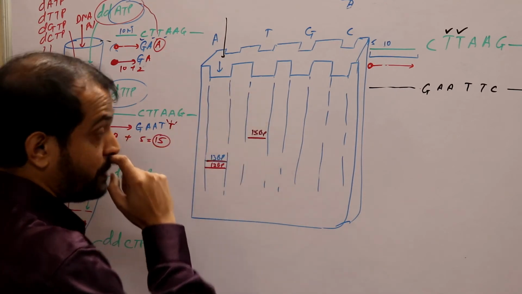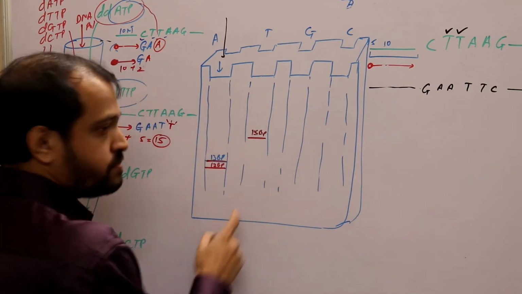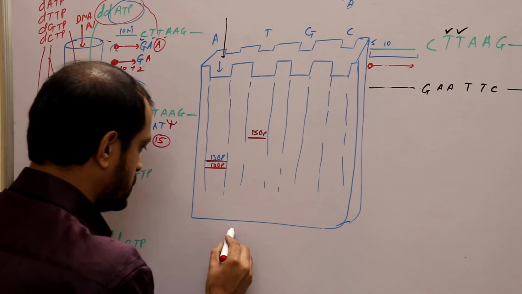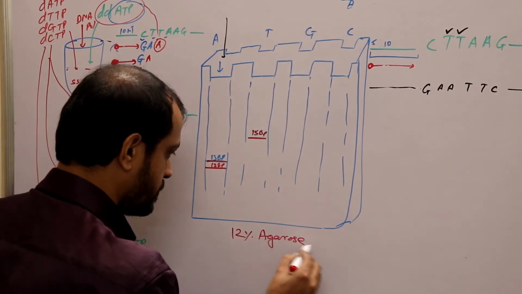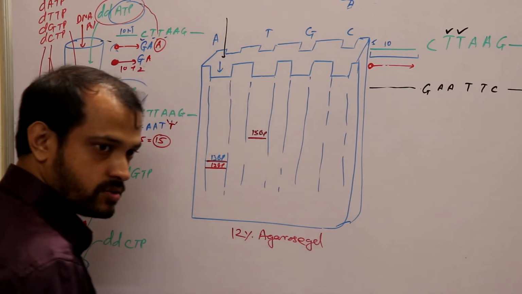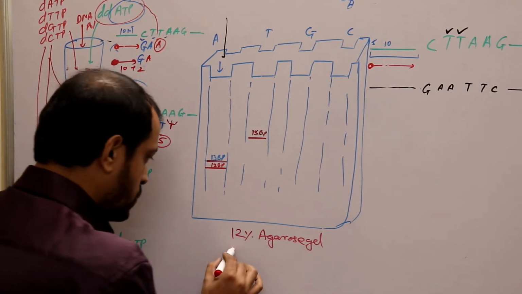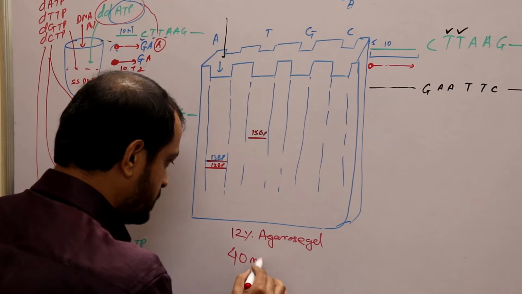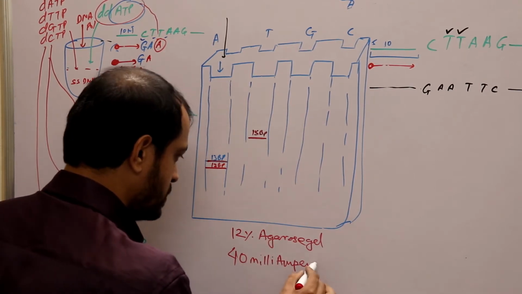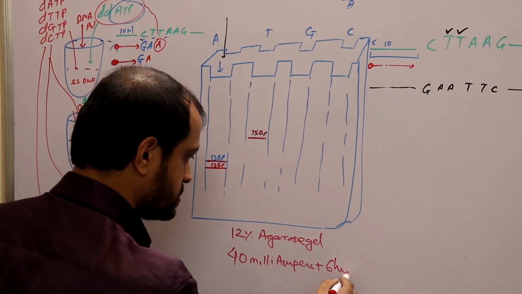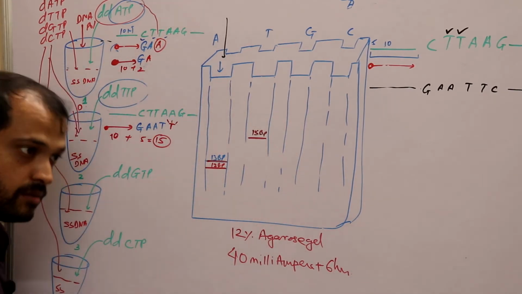Okay, now important point to understand. What is the percentage of this gel? This is run on 12% gel, with a power of 40 milliampere, and for 6 hours. Now listen with all your attention.